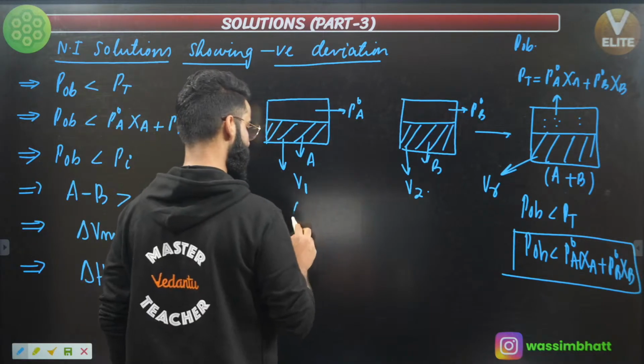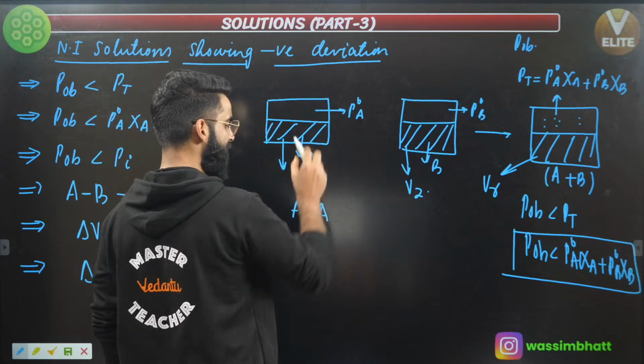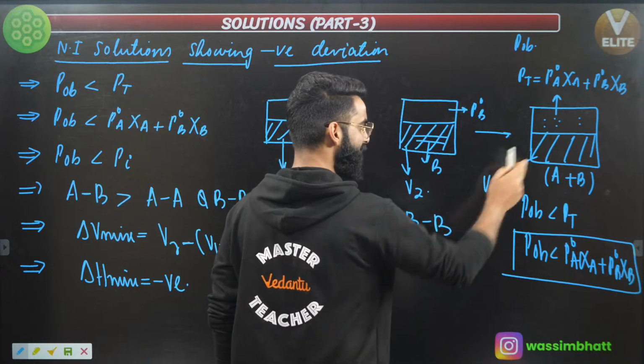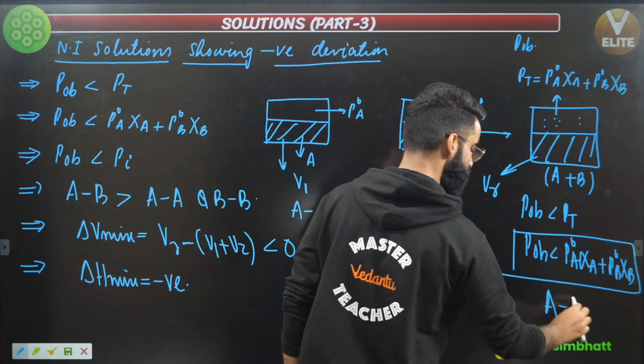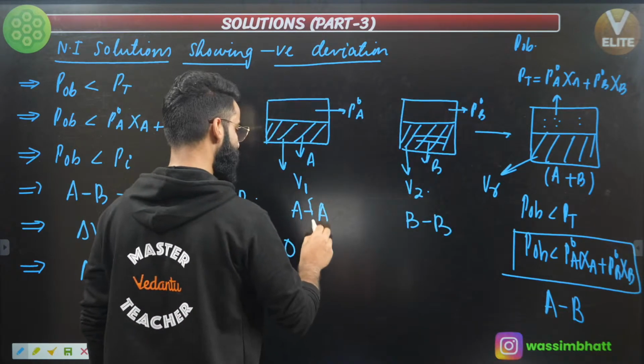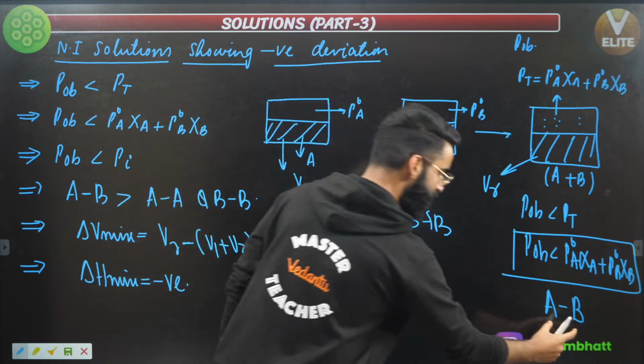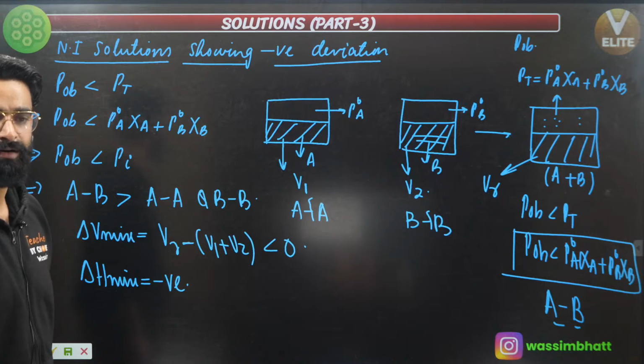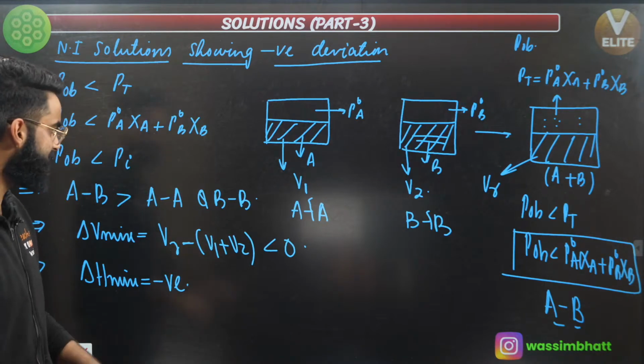What has to happen over here? See, in this container we have AA interactions, right here in this liquid we have BB interactions, and right here in this liquid we have AB interactions. First of all, these bonds have to be broken, and then only this bond gets formed, correct? Bond breaking is endothermic, bond forming is exothermic, right?